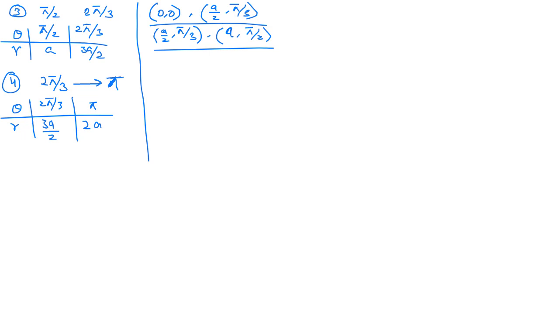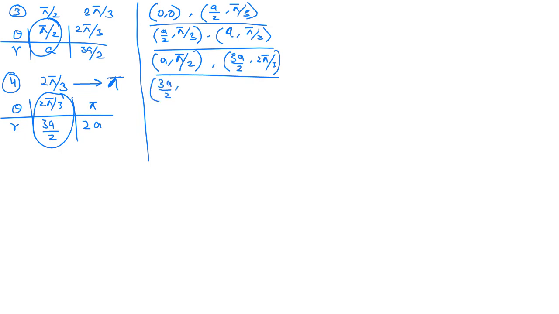For the third one, we calculated 3a by 2 and 2 pi by 3. And we have 2a and pi. Now we have to draw these points in a graph.